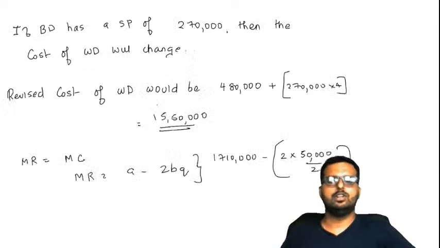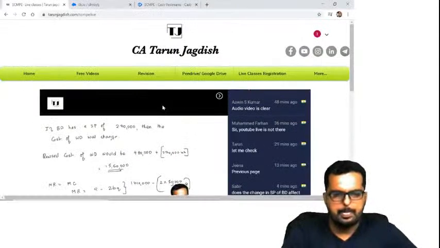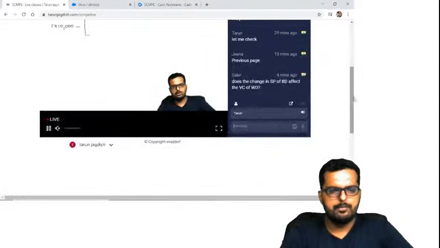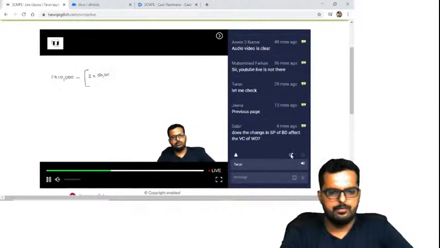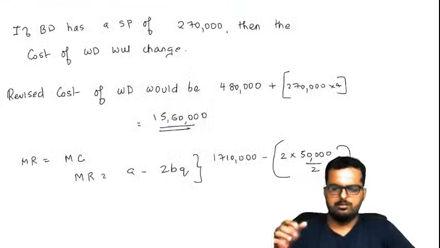You get the answer as 3 units. Can you write down this in your books now, friends? Please write it down.